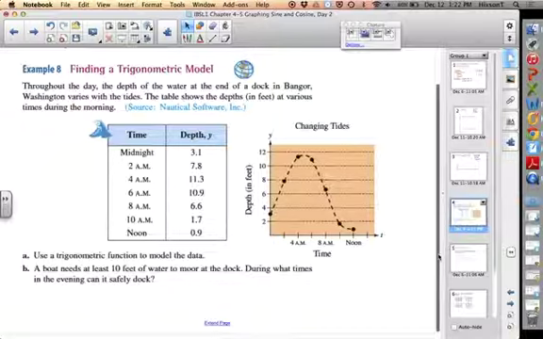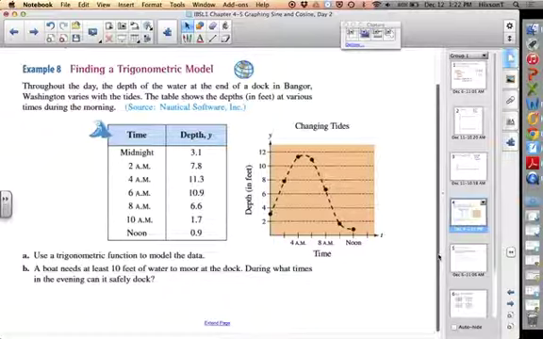Here we have a situation: there are a lot of different natural phenomena that occur periodically. The tide is one of those. If you track the depth of the water at any given place, you'll see tides come in and it'll be deeper at one part of the day and then shallow at another part of the day. You guys are familiar enough with that.